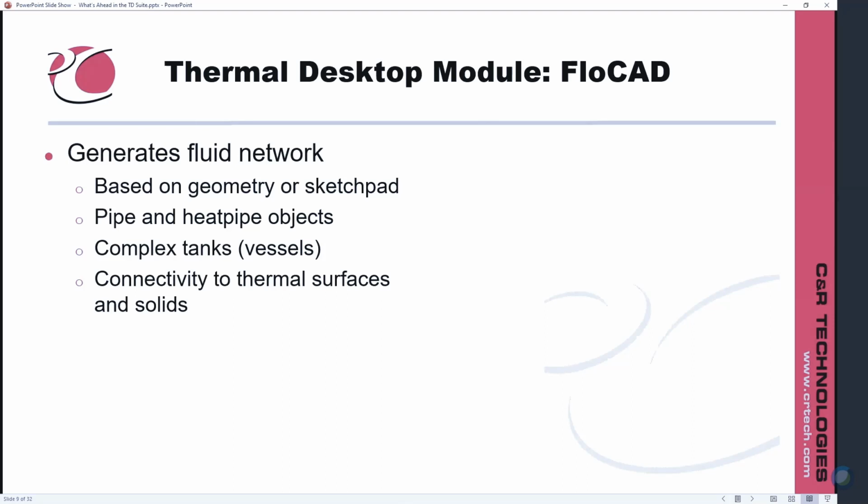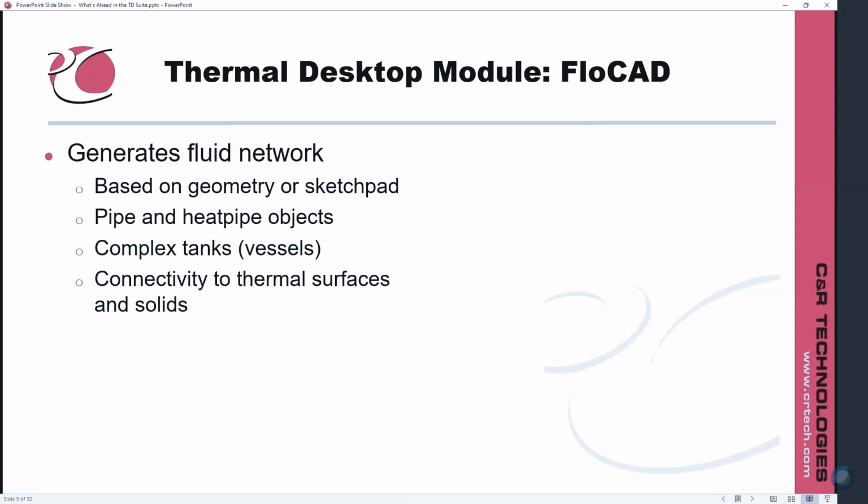So FloCAD generates the fluid network, and it can be either based on geometry or sketchpad. And you can combine the two, as you'll see in a few pictures here. The pipes and heat pipe objects are available, so you can easily build up piping networks along with not just the fluid, but the pipe wall and the heat transfer between the pipe wall and the fluid.